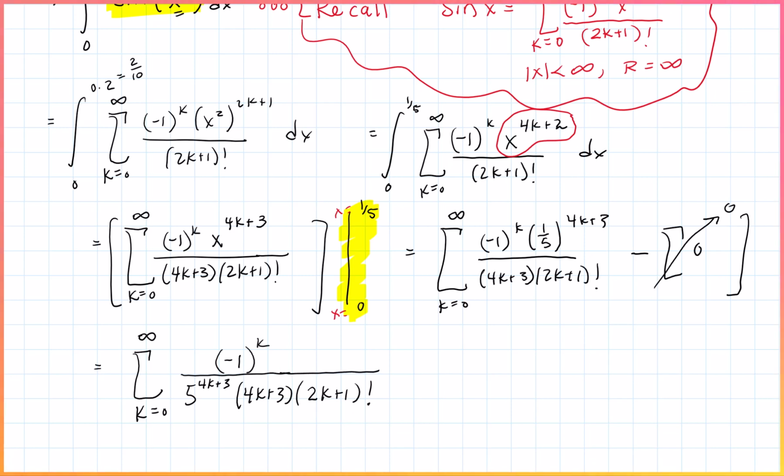So I just dropped that 1/5. 1 to the 4k plus 3 is just 1, so technically there's a 1 in the numerator, and I dropped the 5 to the denominator. Okay, so that's what my definite integral is equal to.